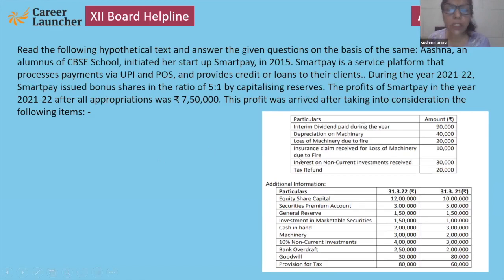Yes. Now, what they want to know. Please note down the question or take the screenshot. This is a different type of question. Be careful, only in that part, 7,50,000 is the profit. Clear, children? Yes, next.